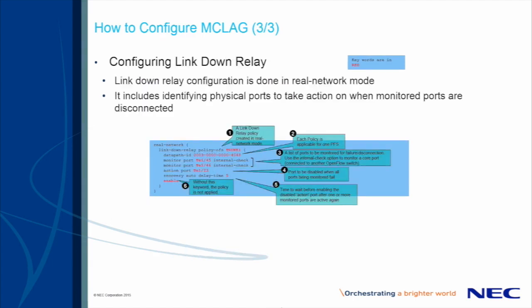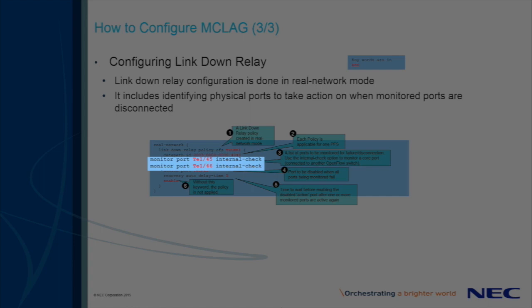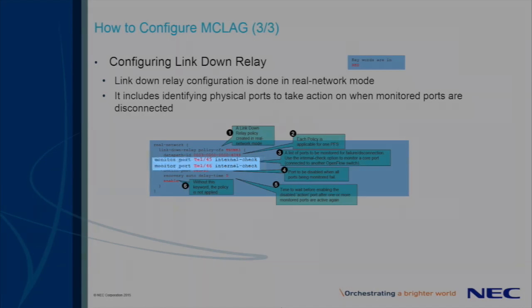Here we show how to augment the MC-lag configuration using link-down relay. Link-down relay prevents black holing of traffic in scenarios where an OpenFlow switch loses all connections to the OpenFlow network. In this scenario, suppose TE1/45 and TE1/46 connect one OpenFlow switch in the network to the rest of the OpenFlow network.